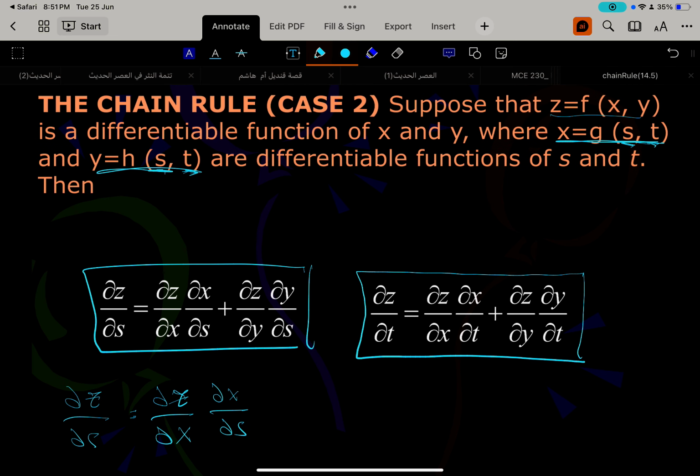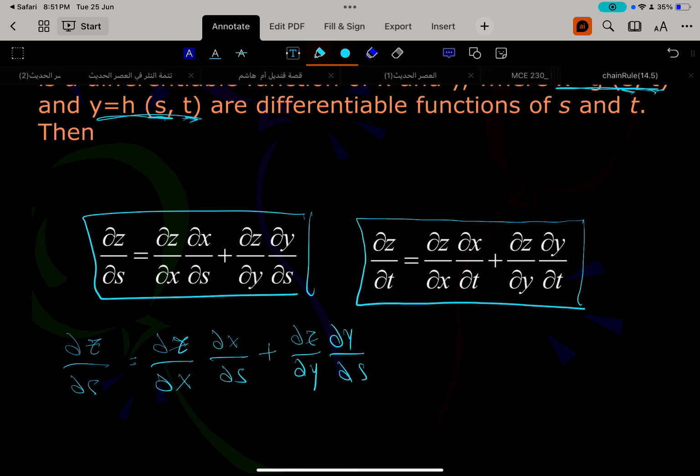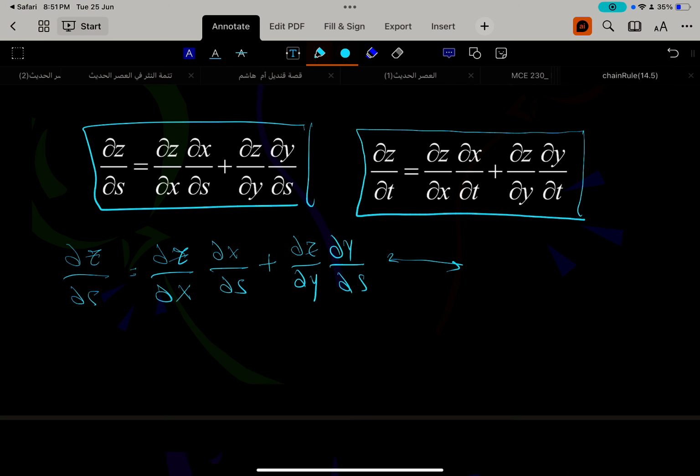Notice that x now is a function of two variables, so we need a partial derivative. We can't have the regular derivative. And the same here: the partial derivative of z with respect to y, then the partial derivative of y with respect to s, and the same concept goes for t, the other variable.